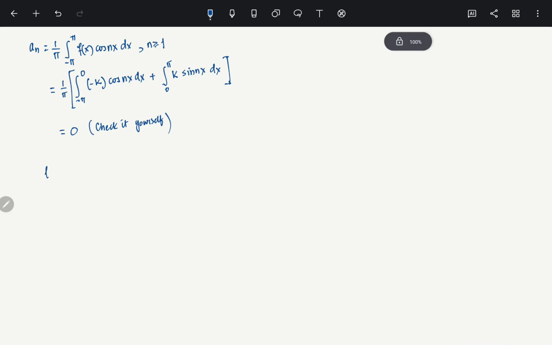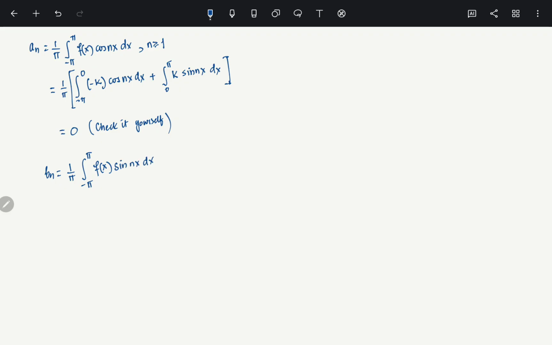What about b n's? Are they 0? Unlikely, right? That should not work, otherwise the whole Fourier series becomes 0. So b n is 1 by pi, f of x sine nx dx, right?